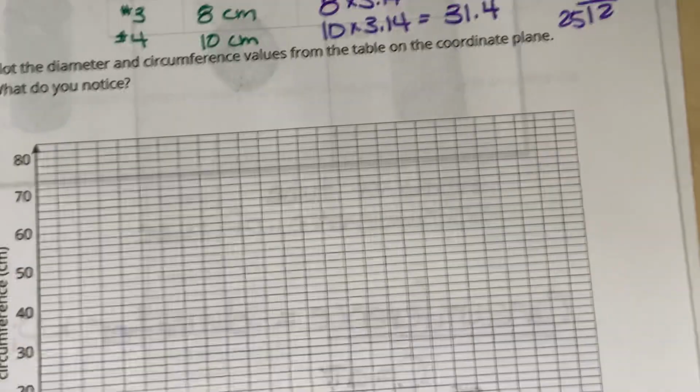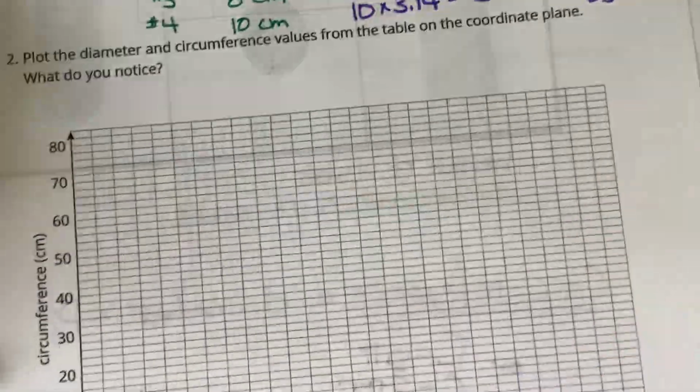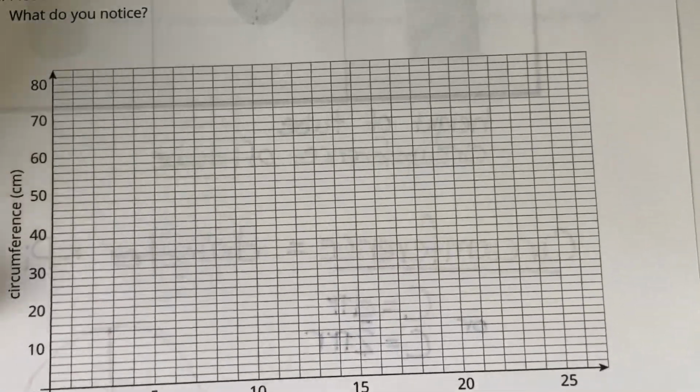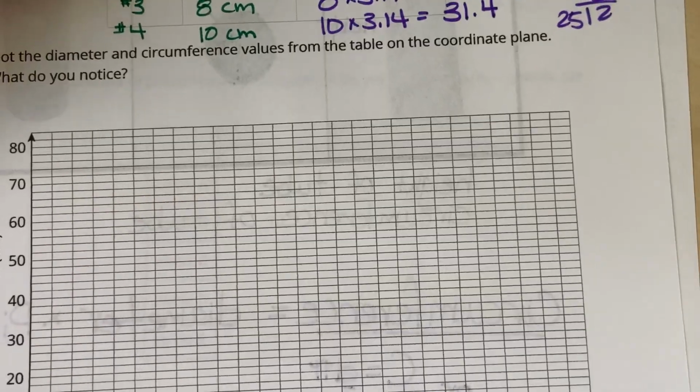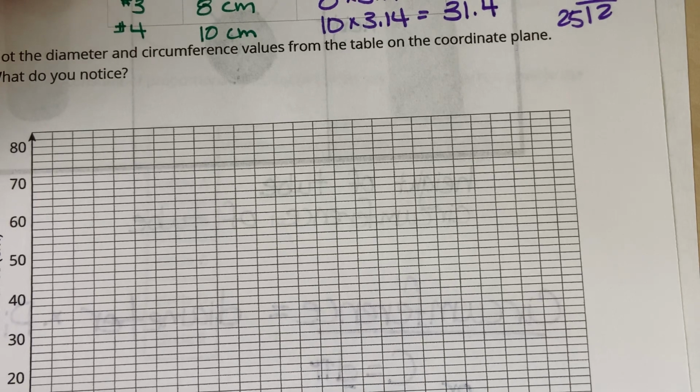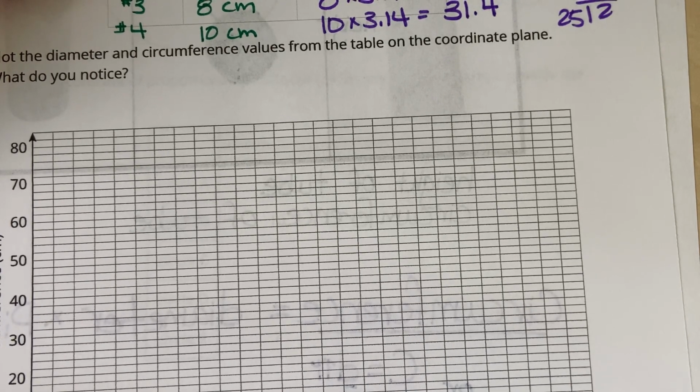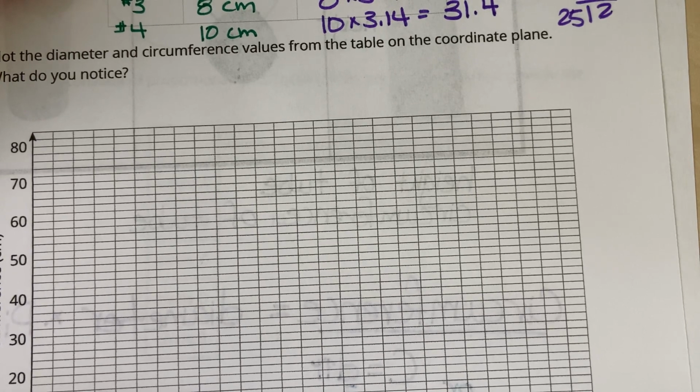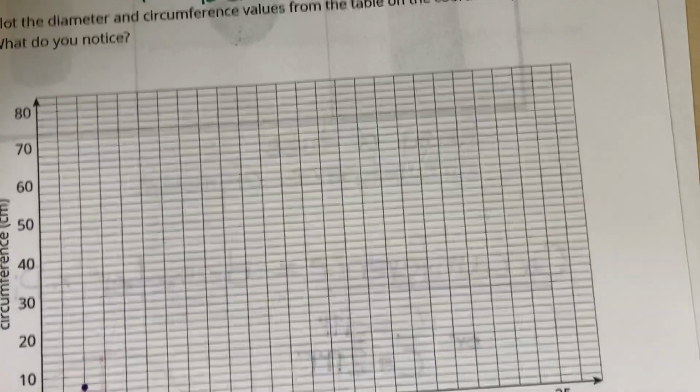It says on here, plot the diameter and circumference values to see what we get. I'm just going to read from it. When I did 1, I said the diameter was 2. Here my diameter is my x and my circumference is my y. So my diameter was 2, my circumference was 6.28. It looks like these go by 2s, so 6.28 would be about there, close enough.